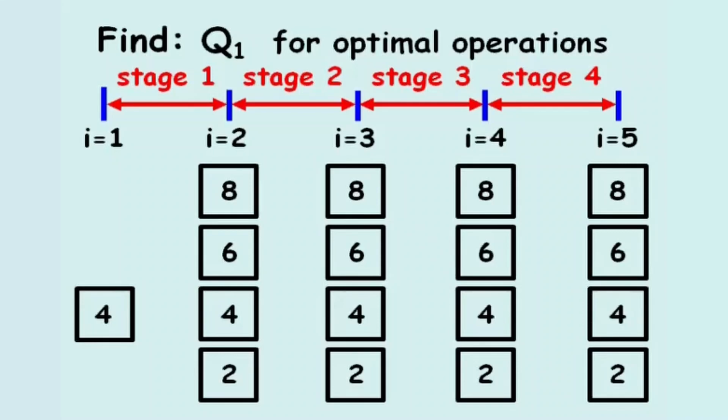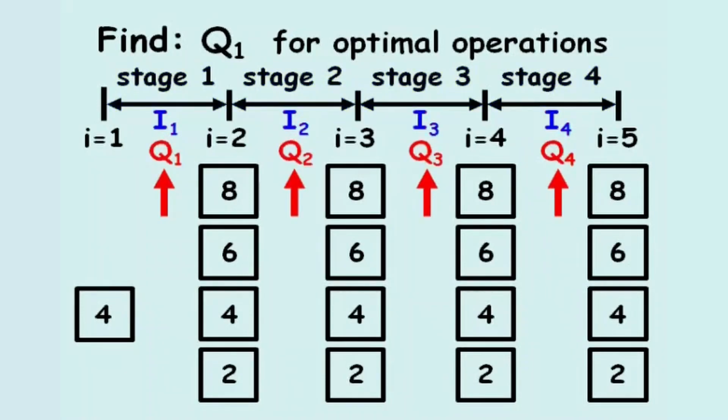During the stage is where the inflow, I, increases the volume of the reservoir, and the release, Q, decreases the volume of water in the reservoir.